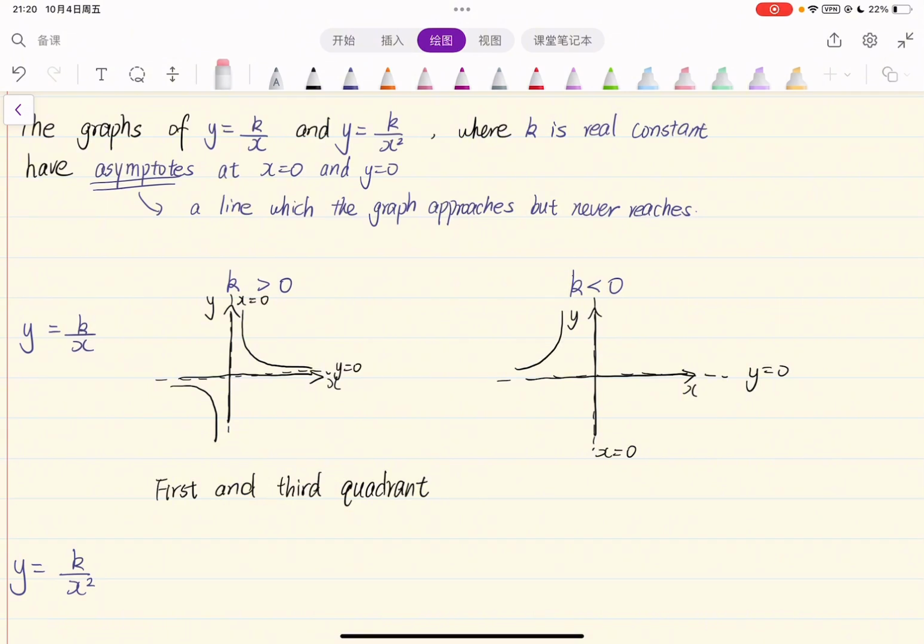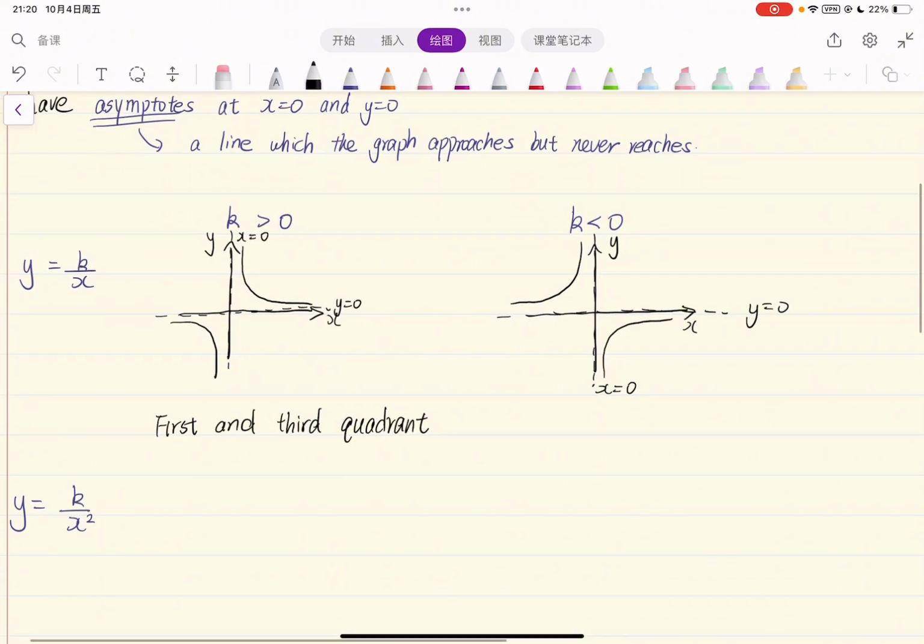Sorry, let me move the y right here. We have the curve in the second quadrant and the fourth quadrant.